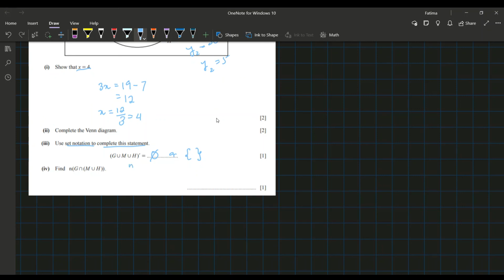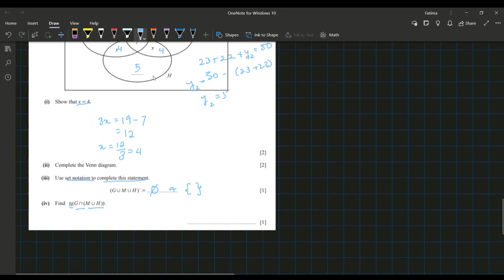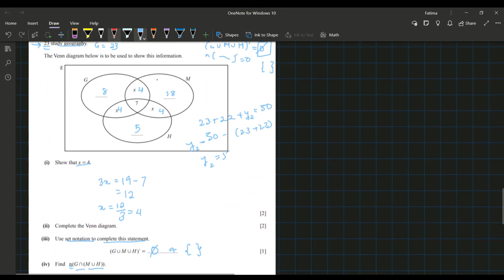If the question was, for example, n of G union M union H complement, then that would be 0, because that's when they're asking for the number of elements, but that's not what the question is asking for right now. Now we have to find the number of elements for G intersect M union H. When you look at the diagram, the region M union H would be over here, and we have to take G intersect that region, where G overlaps with that region.